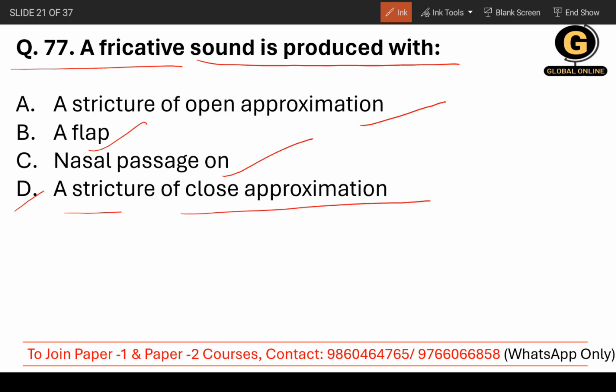I think there is something wrong. No, everything is fine. I have already discussed that, so you can watch the earlier videos here. So the third one is the correct answer because a fricative sound is associated with nasal, nose.